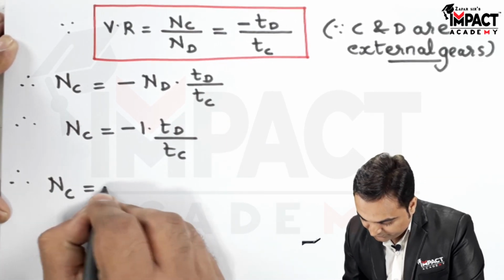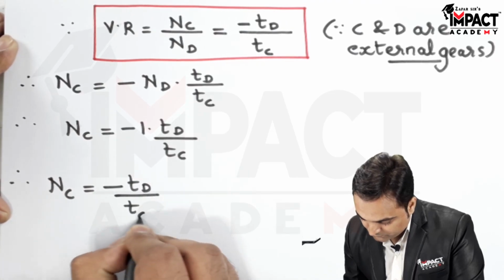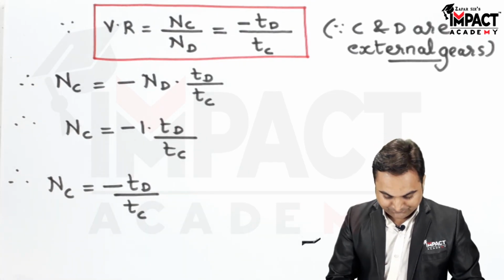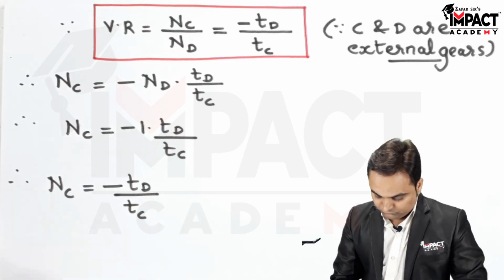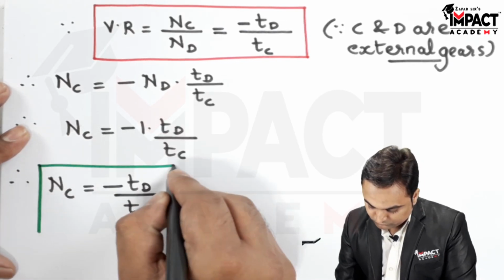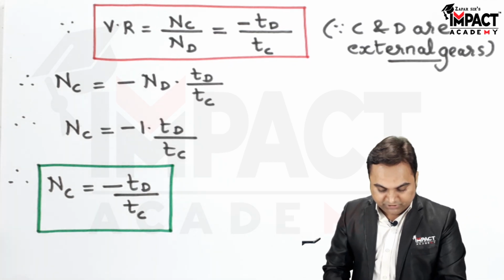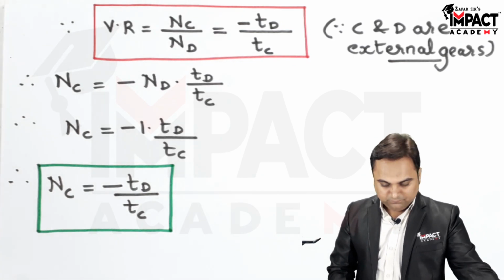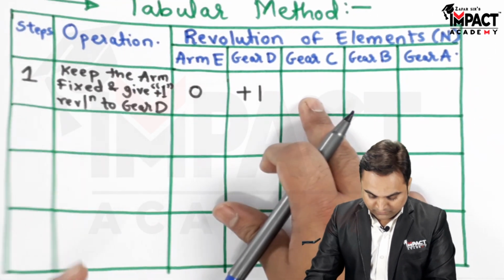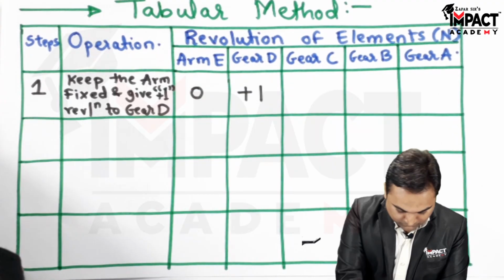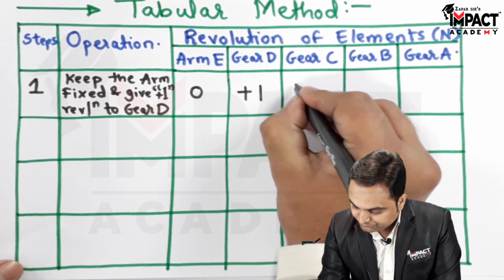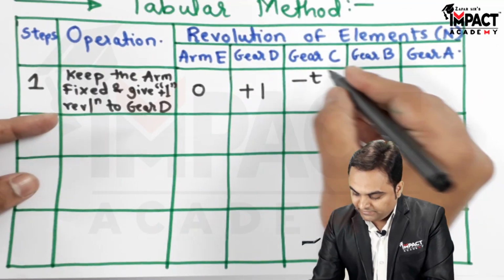Therefore the speed of C is minus TD by TC. Once this speed is known, I can put this into the table: speed of gear C is minus TD by TC.